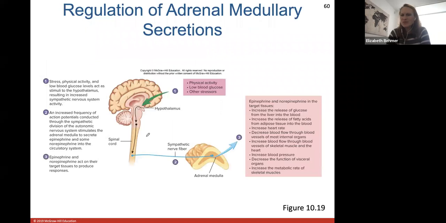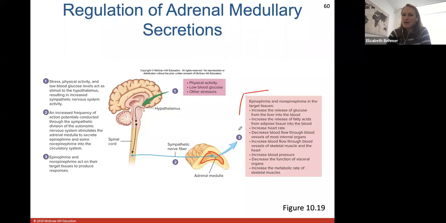Here is regulation of the adrenal medullary secretions. Physical activity, low blood glucose, and other stressors will control stimulation via sympathetic nervous system stimulation. That's our fight or flight response.